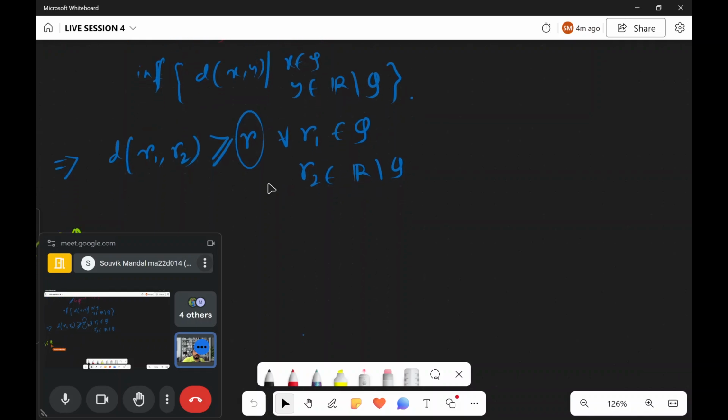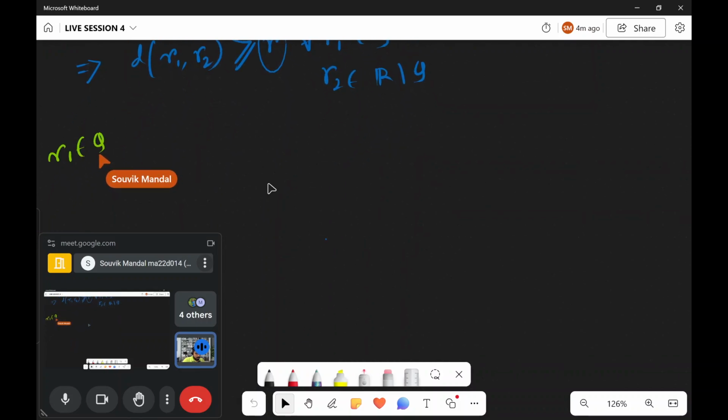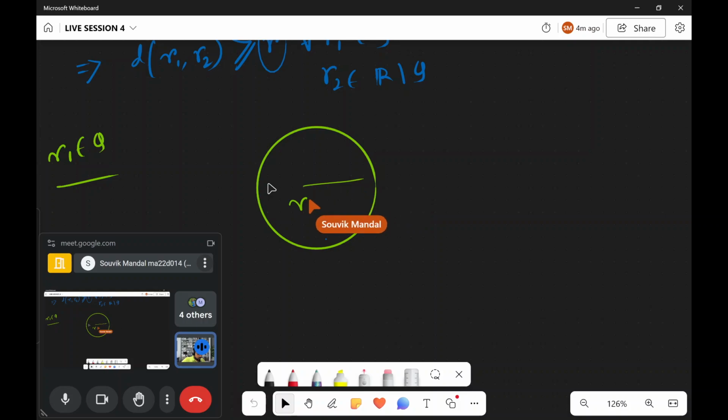In the same way we can consider a ball of radius r around it, and inside the ball we can find an irrational number from R minus Q so that their distance is less than r, correct?